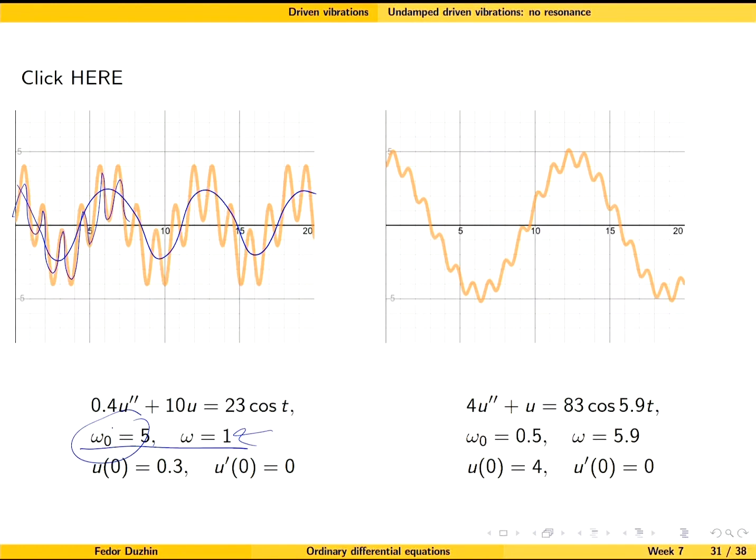In this other case, it's kind of similar: there is a general trend corresponding to the less frequent oscillation, and there is motion around it, which is more frequent.